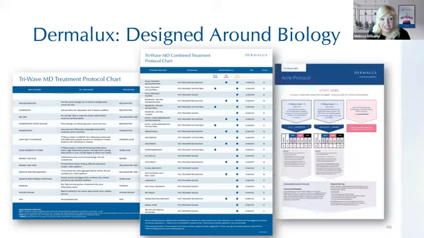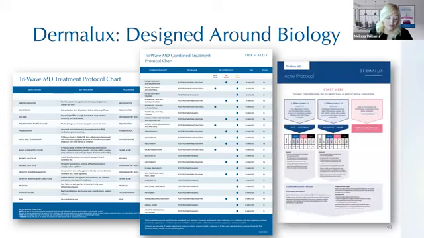And we have specific protocols for different indications. So, for example, our acne protocol, which we got together a medical advisory board in the summer, and this now is an LED plan to take you from the very first lesion all the way through to maintenance, just using the power of light, which is incredible.